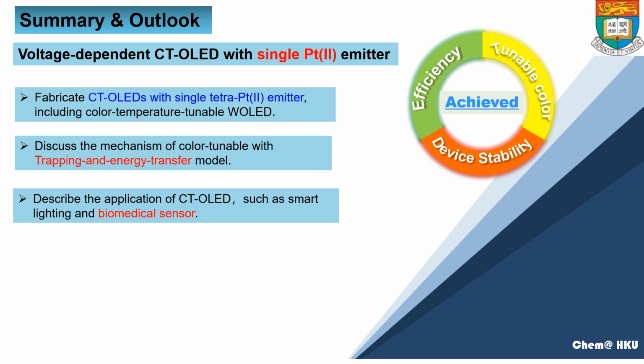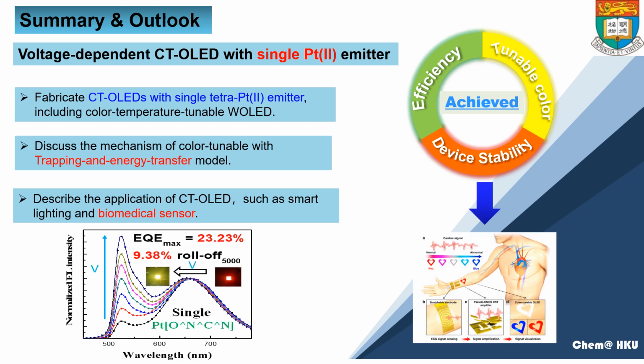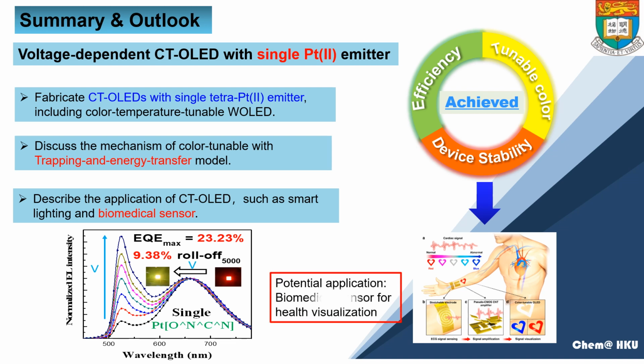At last, I describe the application of color-tunable OLED, such as smart lighting and biomedical sensor. Because of the good performance of our color-tunable OLED, I want to emphasize that it can help the biomedical sensor for health visualization.